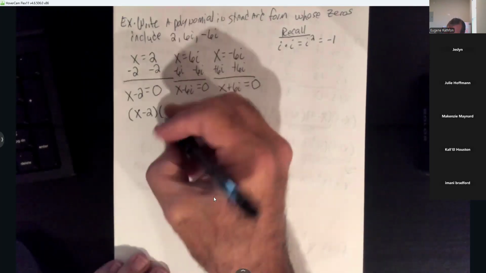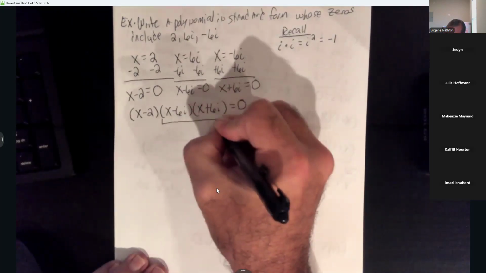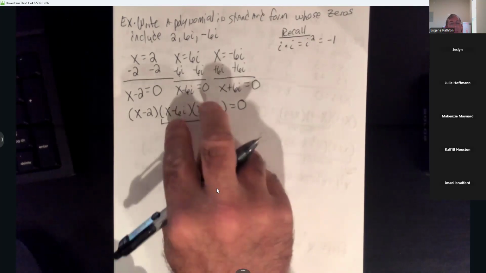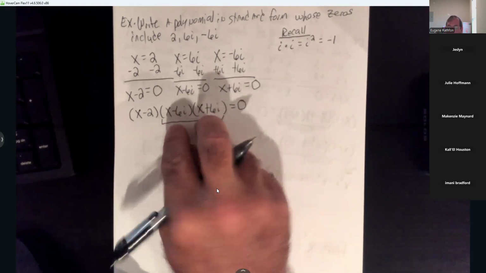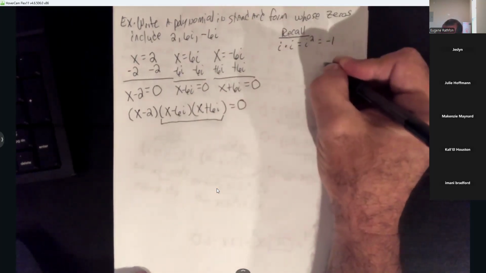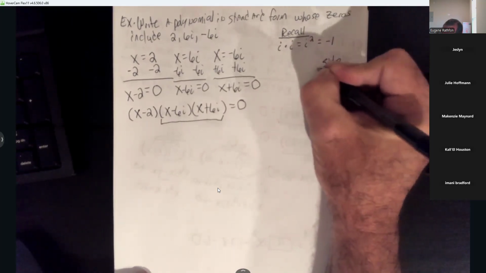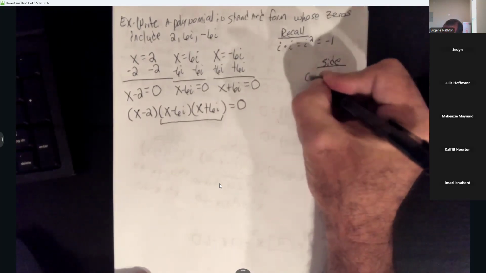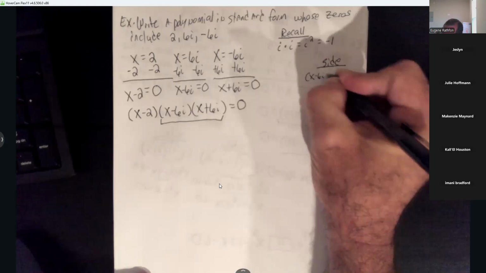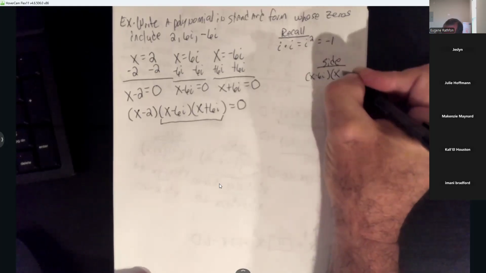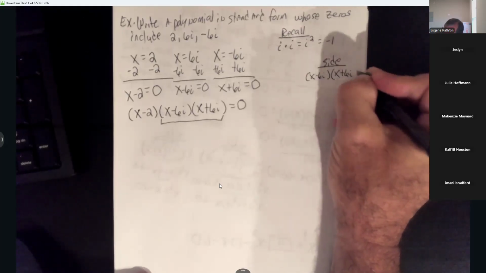You definitely want to start fooling with these imaginary numbers first, okay? So let's do that on the side here. I'm going to do x minus 6i times x plus 6i.